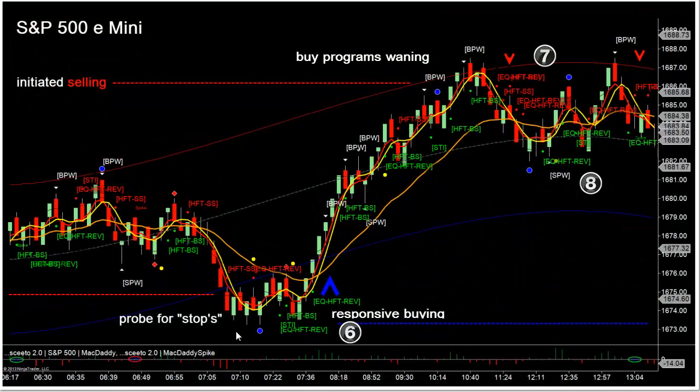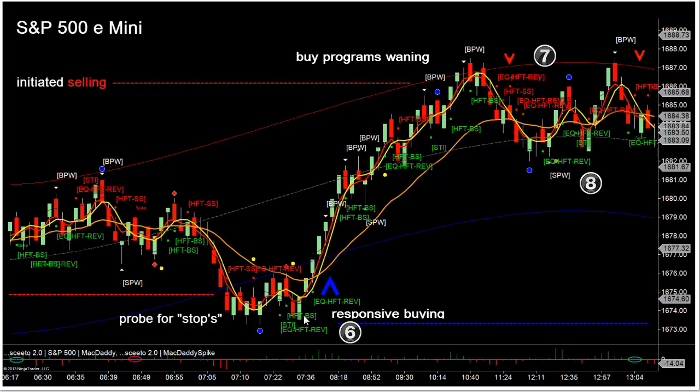It was during the third pullback to yesterday's low when the computerized trading programs initiated trade below 1675 and probed for stops 2 points below the prior low.